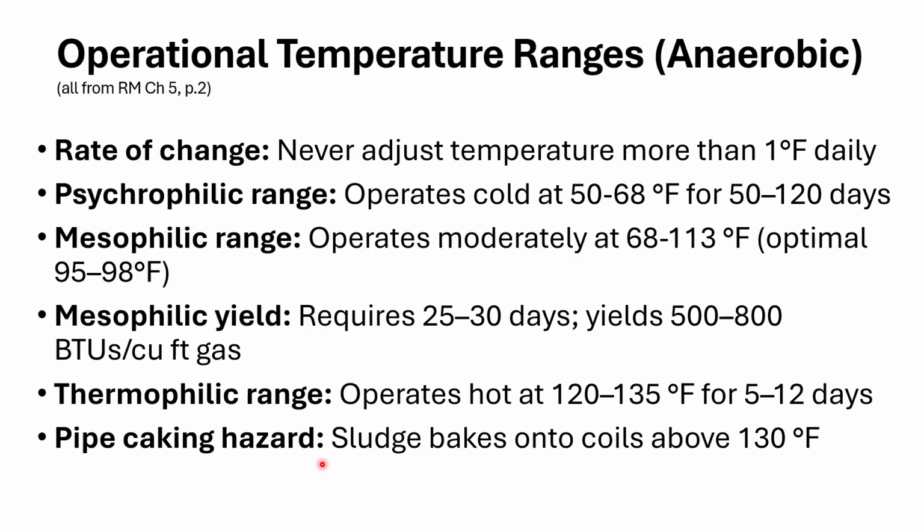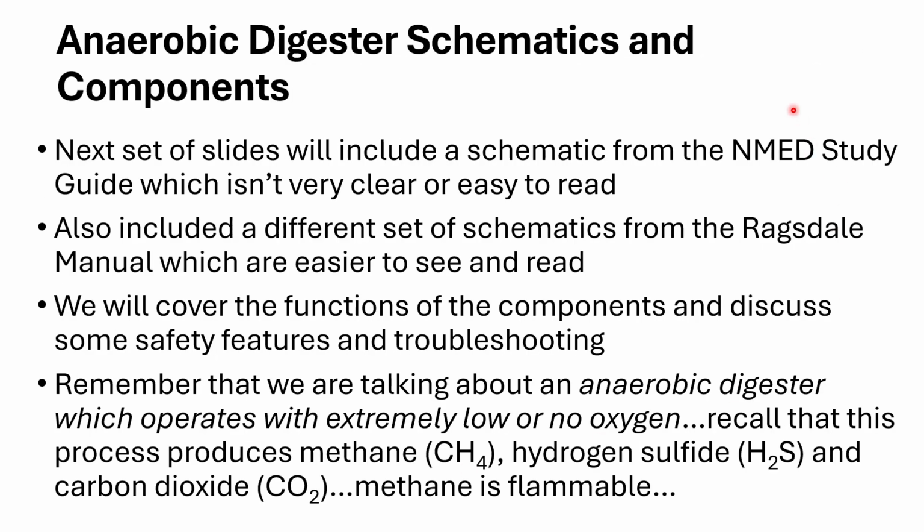And remember, sludge is going to bake onto heating coils and pipelines above 130 degrees Fahrenheit. That's called a pipe caking hazard, okay? So in the next set of slides, we're going to look at some schematics for the anaerobic digester and their components.